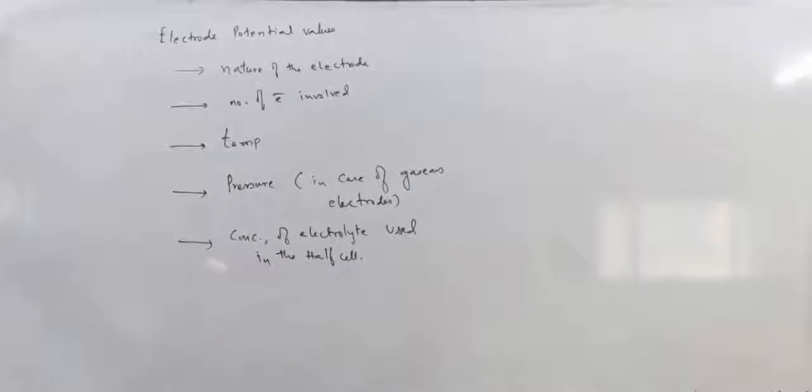So: nature of the electrode, number of electrons involved in the reaction, temperature, pressure in case of gaseous electrodes, concentration of electrolyte used in the half cell.